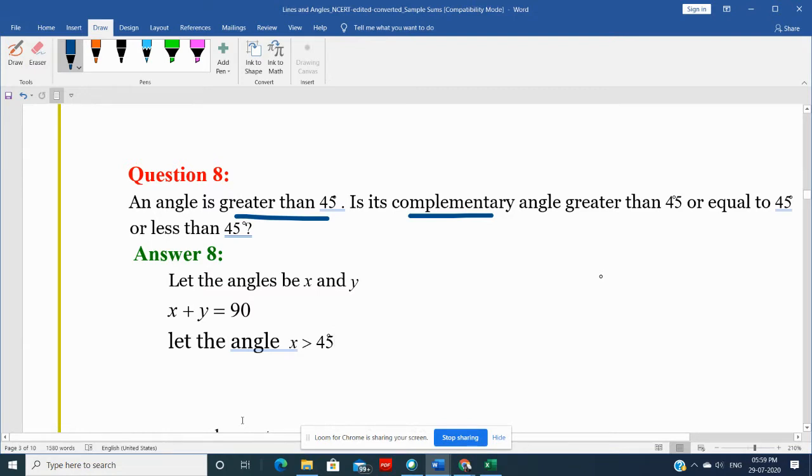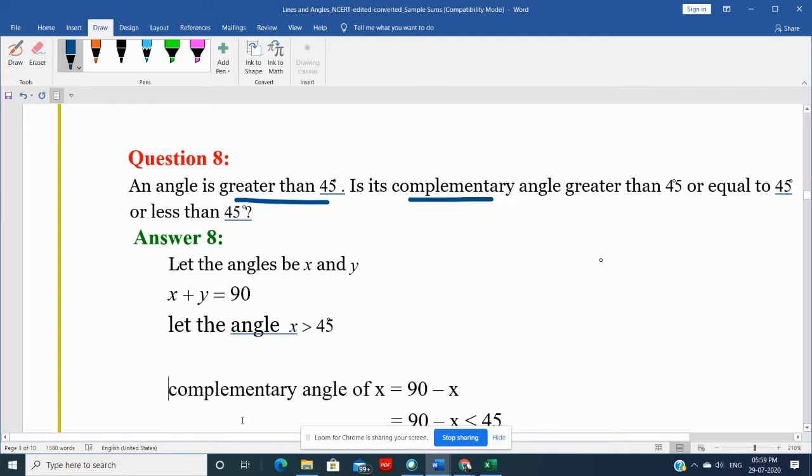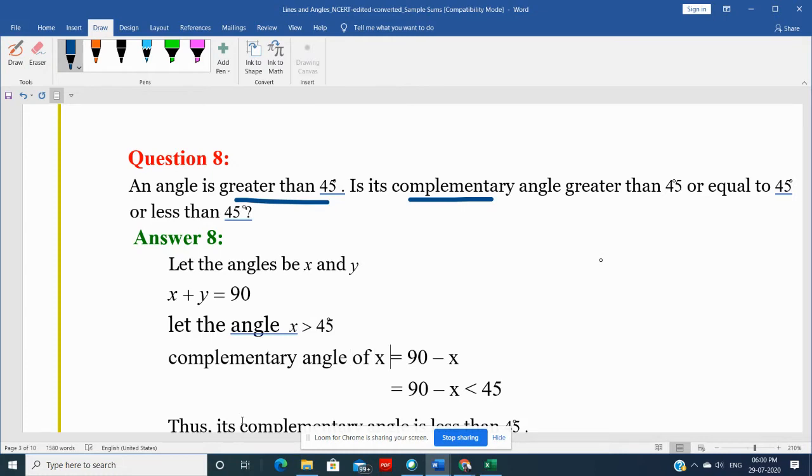Now, if I plug in this value, y should be the complementary of x. Complementary angle of x, that is y, should be 90 minus x, right?